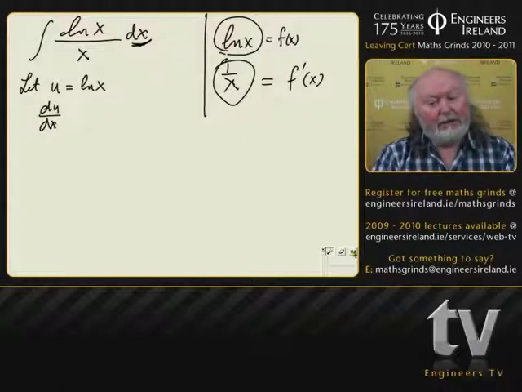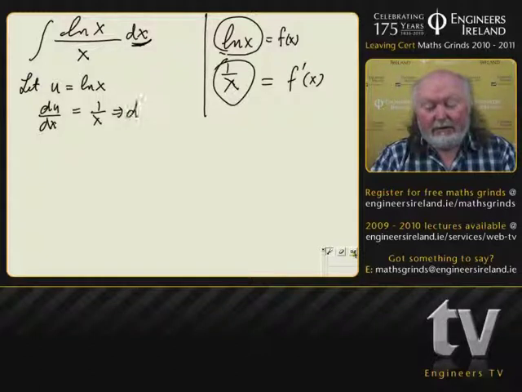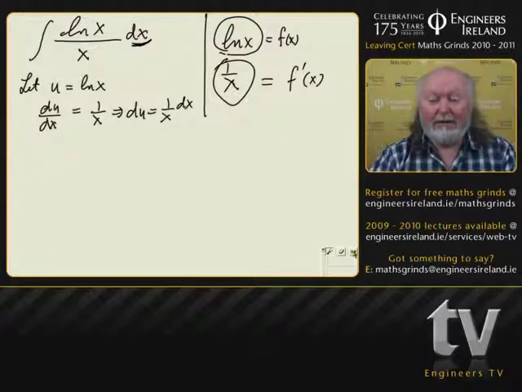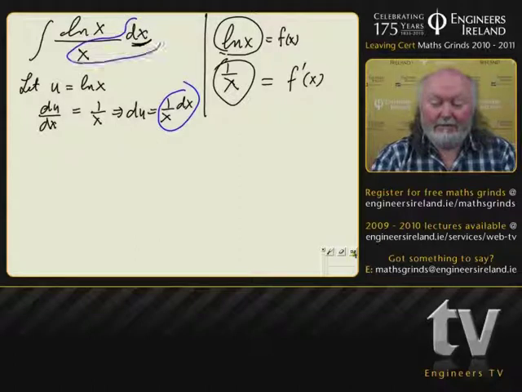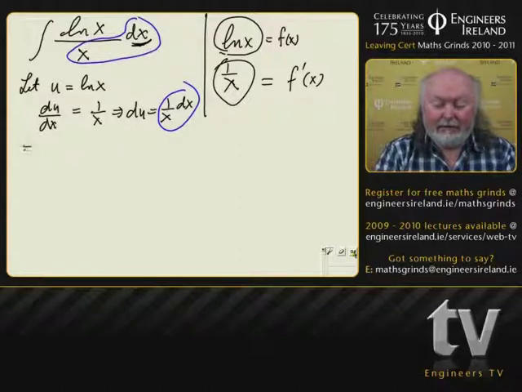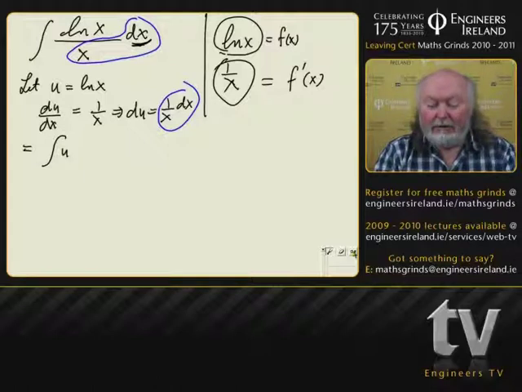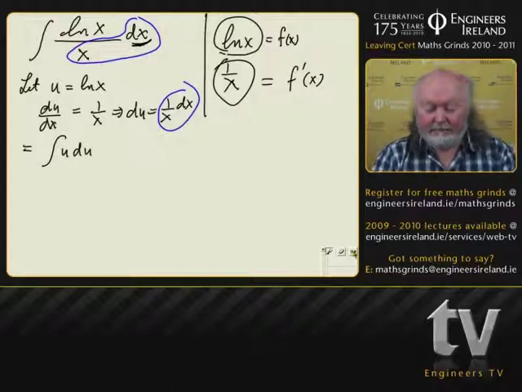As soon as you've named the u, you're going to be differentiating it. And we know that's 1 over x, which implies that du is 1 over x dx. And this thing is all of that. So it's equal to the integral of u du.